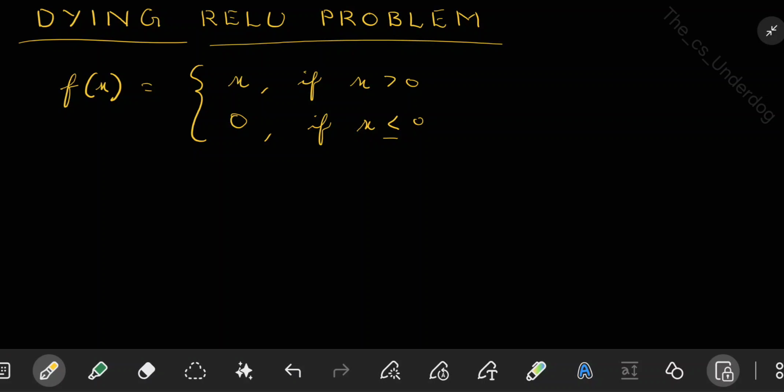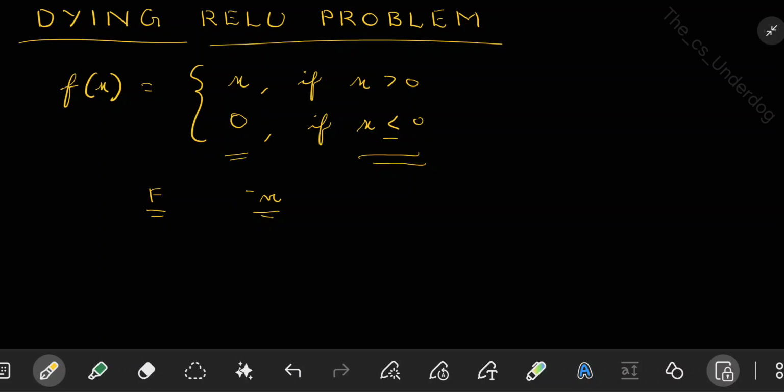At this point, you already know that whenever x is negative, the output is 0. And what I told you just now is that irrespective of the input, ReLU is going to output 0. That means there is some particular factor which is making the input always negative.